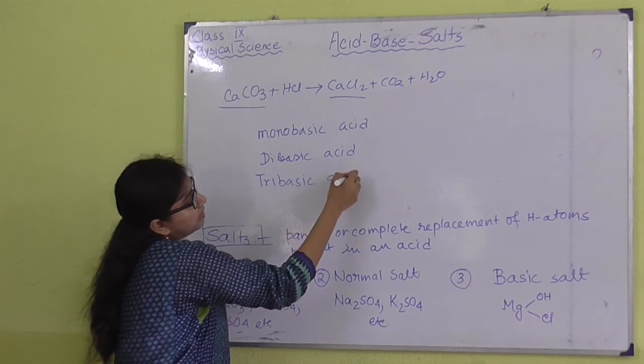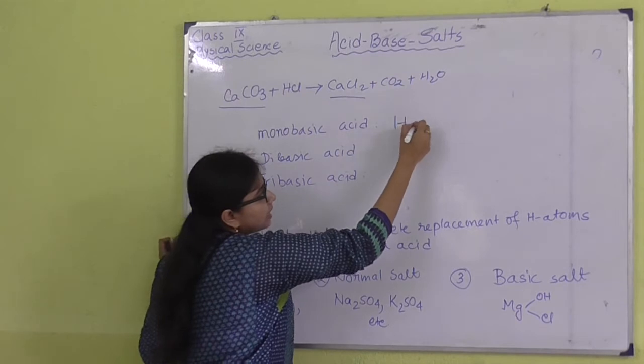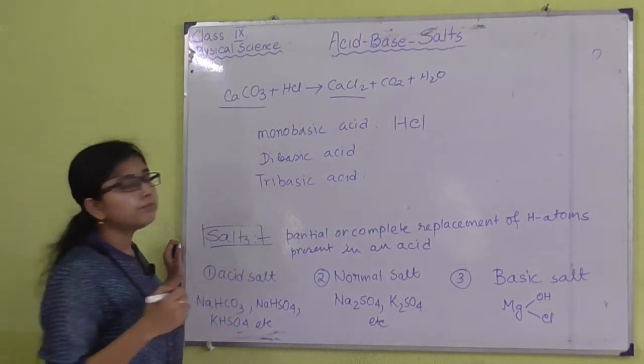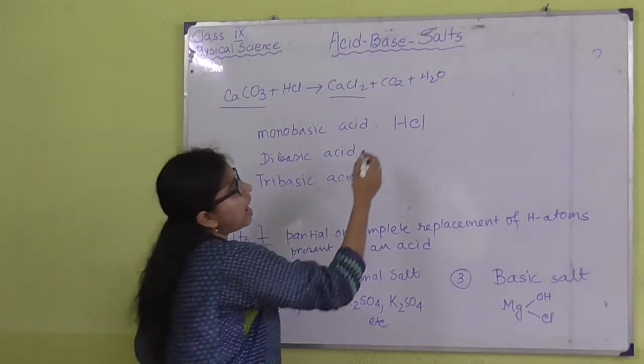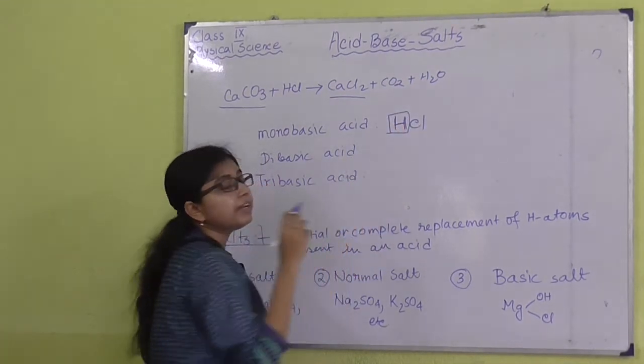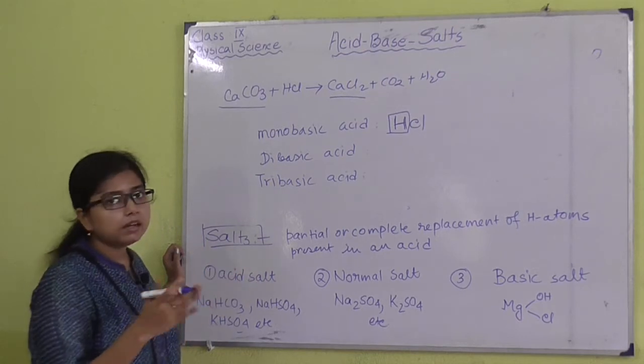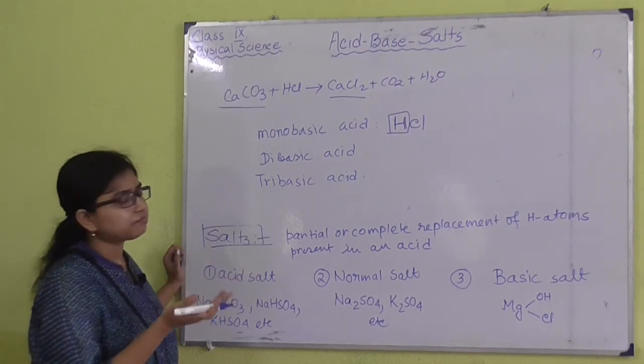Now what do you mean by this monobasic, dibasic and tribasic? HCl is an example of monobasic acid. That means hydrochloric acid contains one hydrogen which can be replaced by a metal or a base.